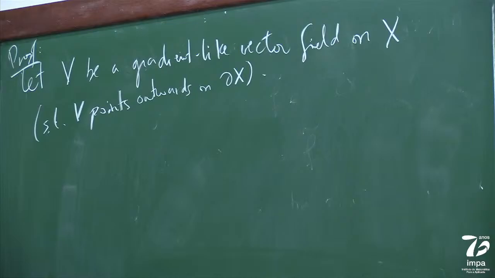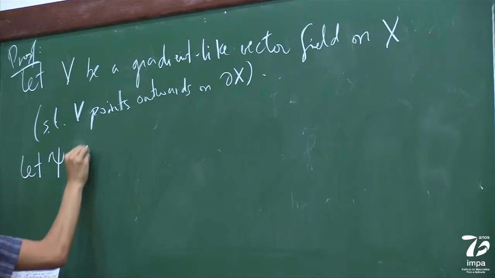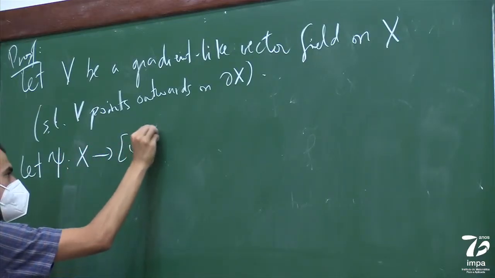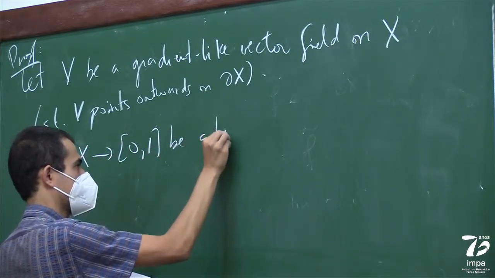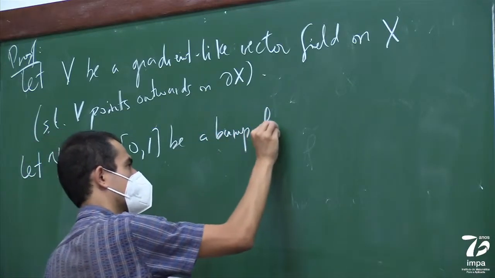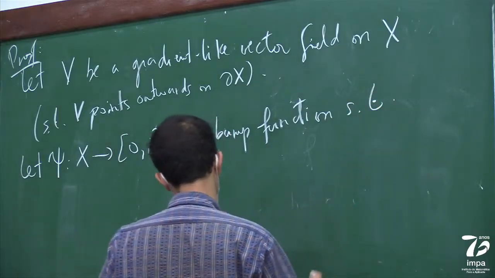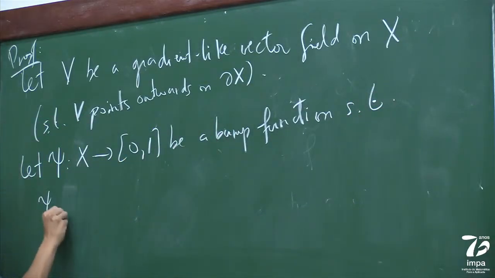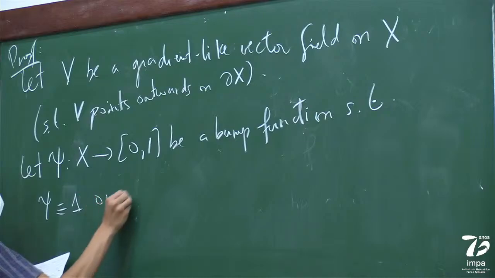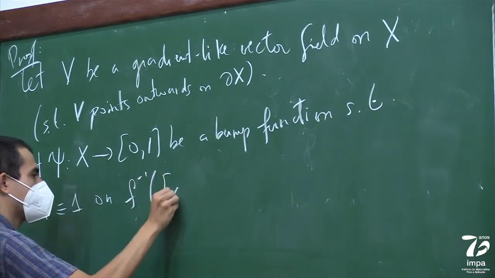Okay. And now I'm going to take a bump function such that psi is identically 1 on the pre-image of AB.